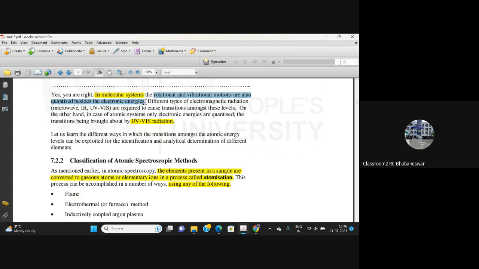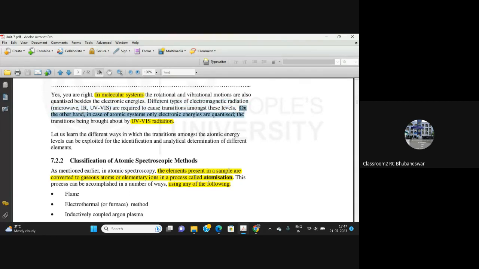Similarly, rotational and vibrational motions are also quantized for molecular systems. Different types of electromagnetic radiation, that is microwave, IR, UV-visible, are required to cause transitions among these levels. So various radiations are required for the transitions.